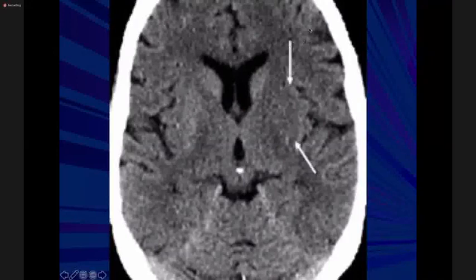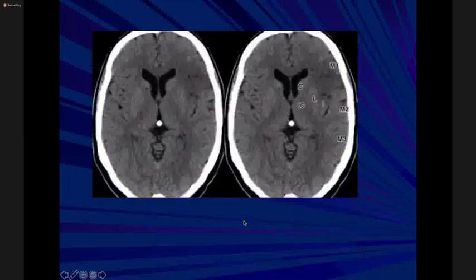Now you see the haziness that is appearing. Here's the caudate and the internal capsule on the normal side, but here you see that the whole thing is blurred, and the structures cannot be distinctly differentiated.